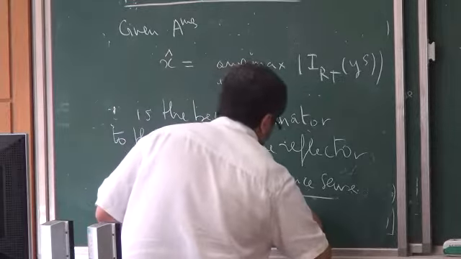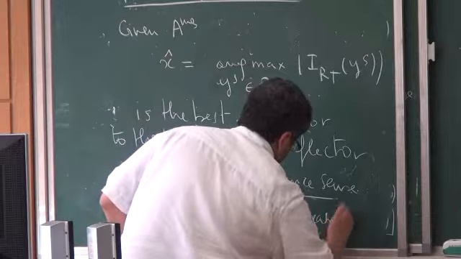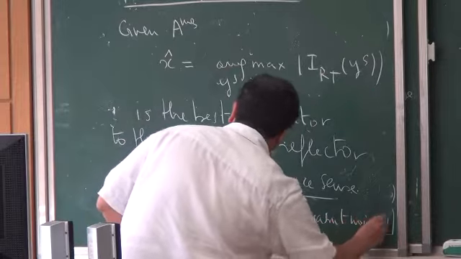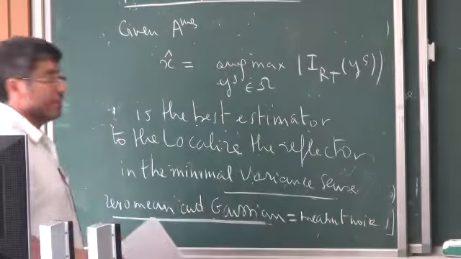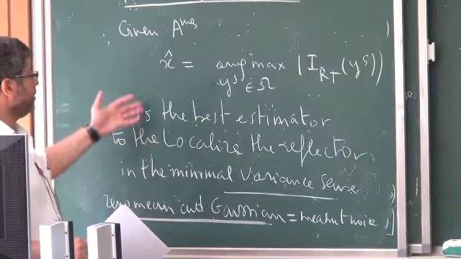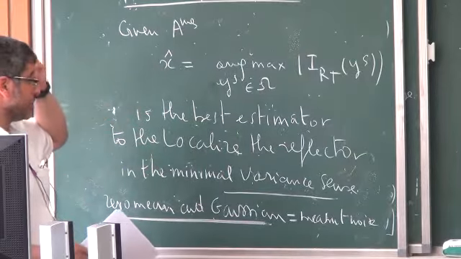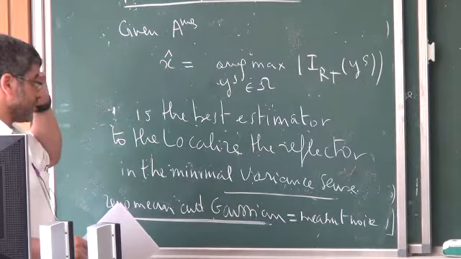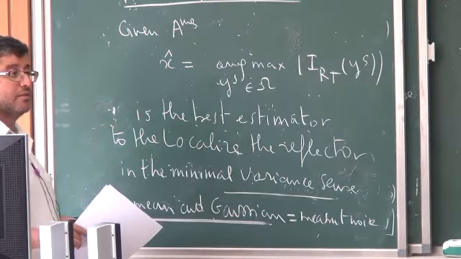So if the measurement noise is zero mean and Gaussian, then this estimator, reverse migration, is the best to localize the reflector in the minimal variance sense. Okay?